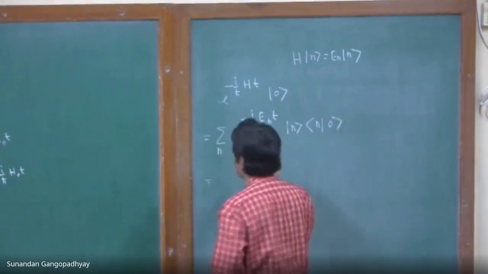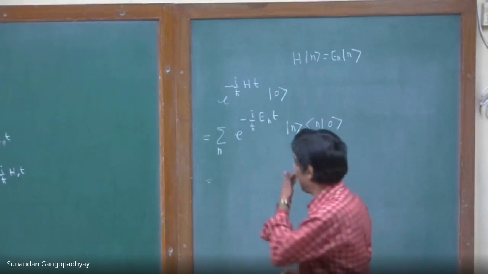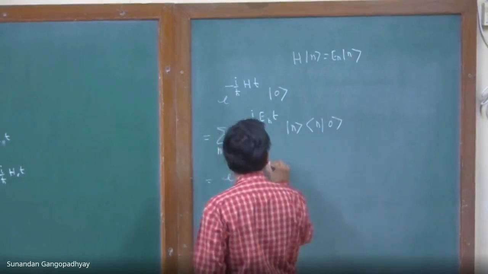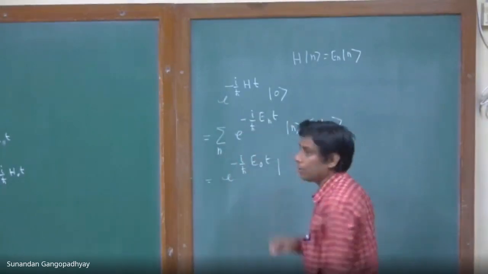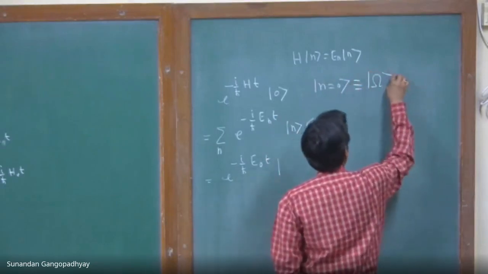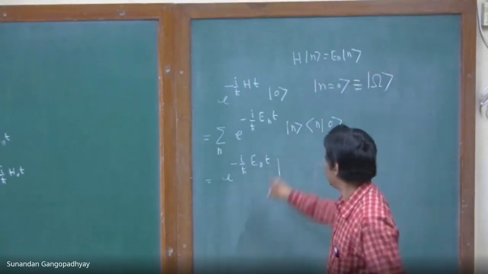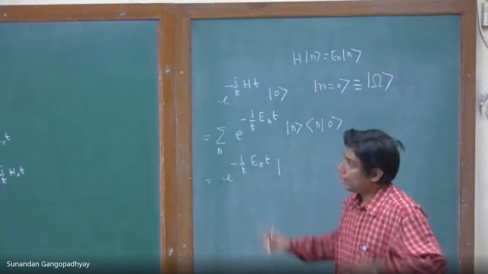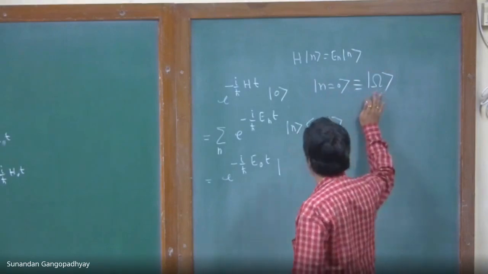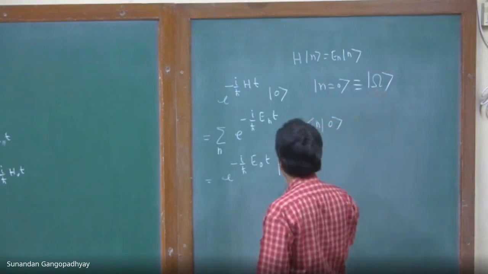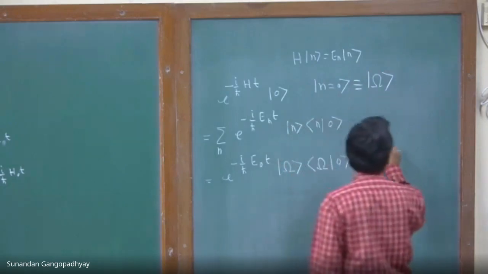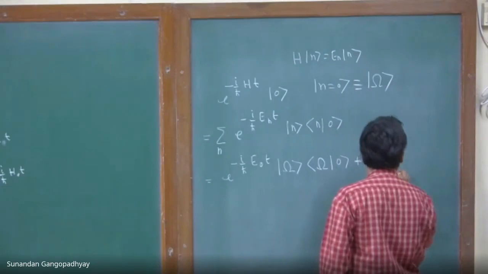This n equals 0 is basically nothing but omega, the ground state of the full interacting Hamiltonian, which is a time independent state. So you have omega times omega overlap with the state, plus the summation over n not equal to 0, and then we have some terms.